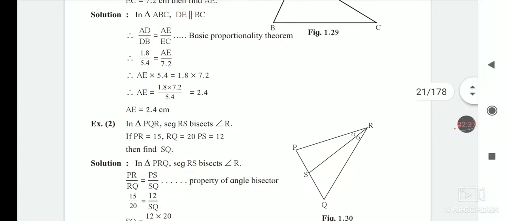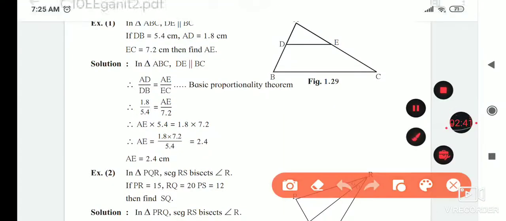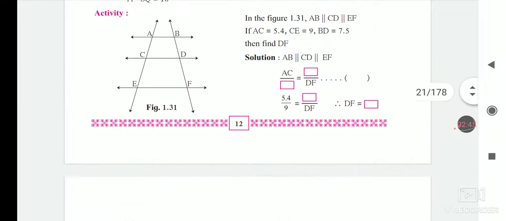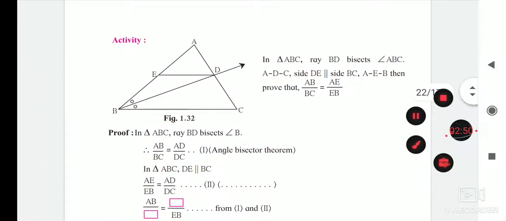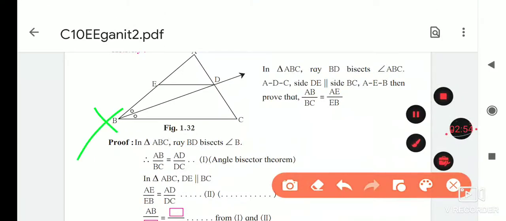So here it is page number 12. Okay, all solved examples and activity from here were also deducted from your syllabus. So all these things were deducted from our syllabus.